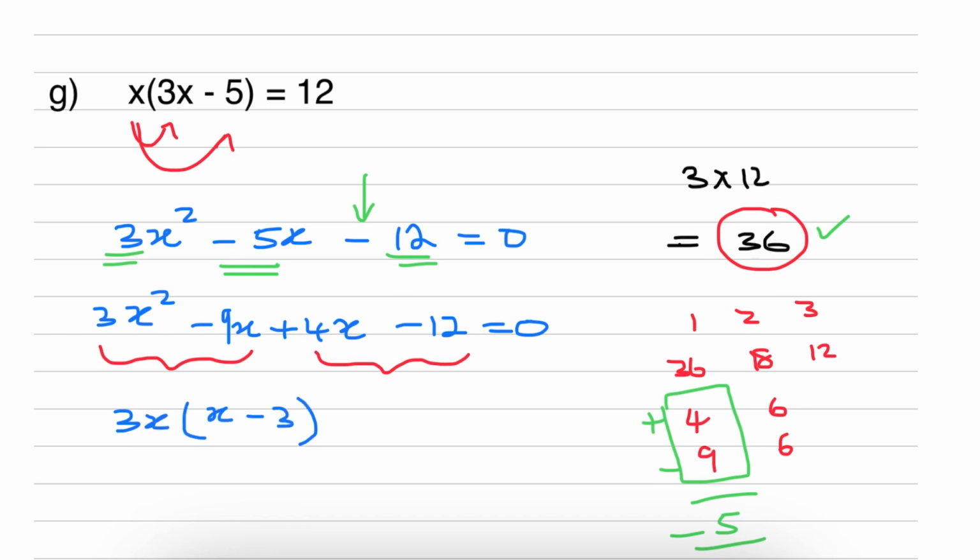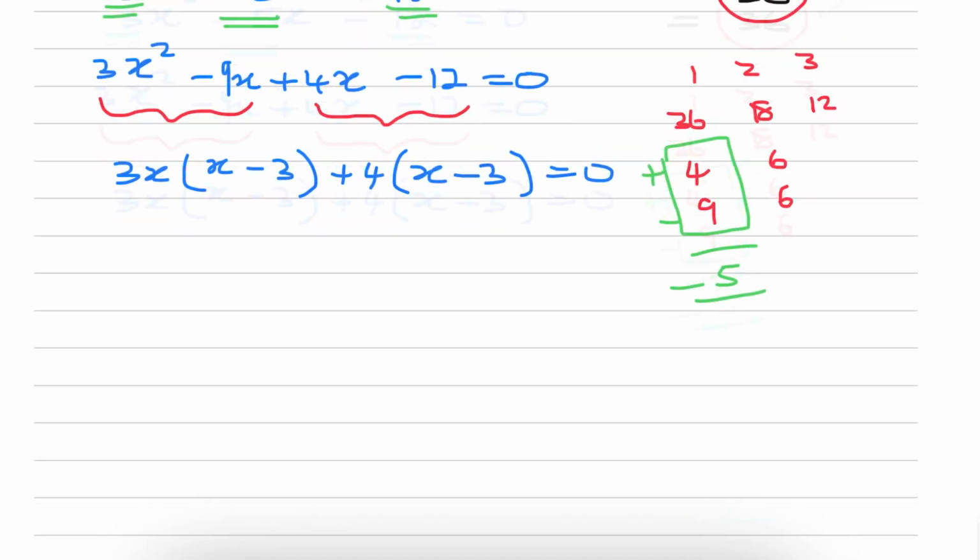Okay, so take out 3x as a common factor. This leaves us with x minus 3. Then factor out 4 as a common factor for your next two terms. And that also leaves you with x minus 3. Okay, now we need to factorize this common bracket, x minus 3. And let's take that out. So it leaves us with 3x plus 4. And that's what we write down in our second bracket.